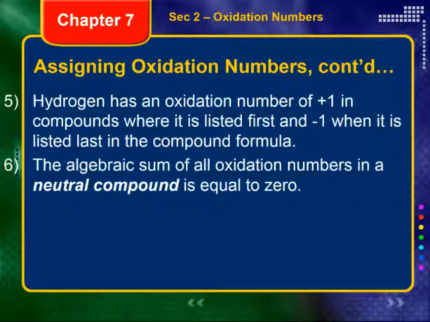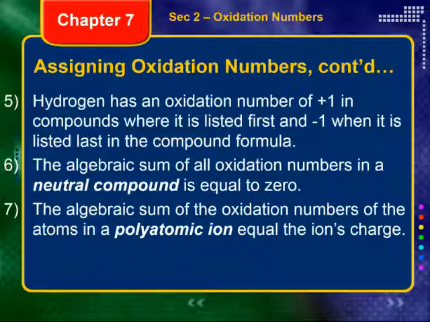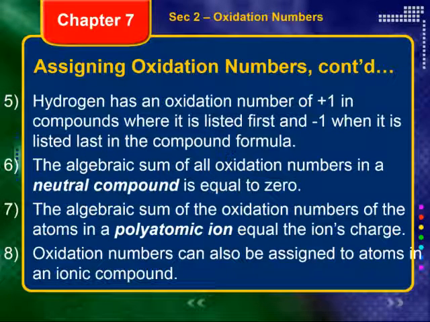Also, hydrogen has an oxidation number of +1 in compounds where it's listed first, like the cation, and it has an oxidation number of -1 when it is listed last in a chemical compound. Number 6, the algebraic sum of all the oxidation numbers in a neutral compound is equal to 0, very similar to balancing ionic charges.